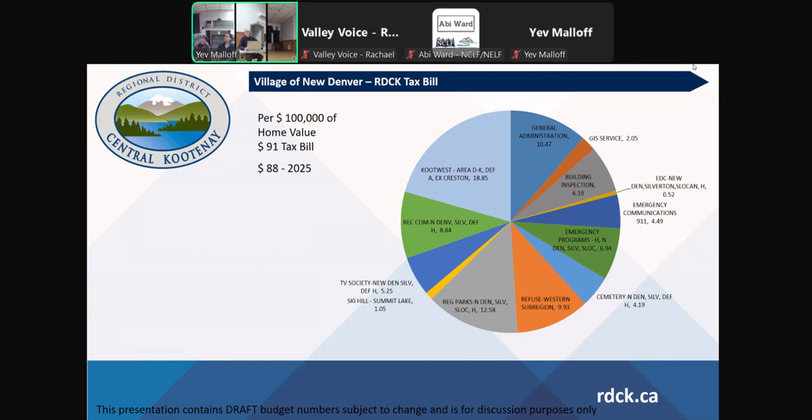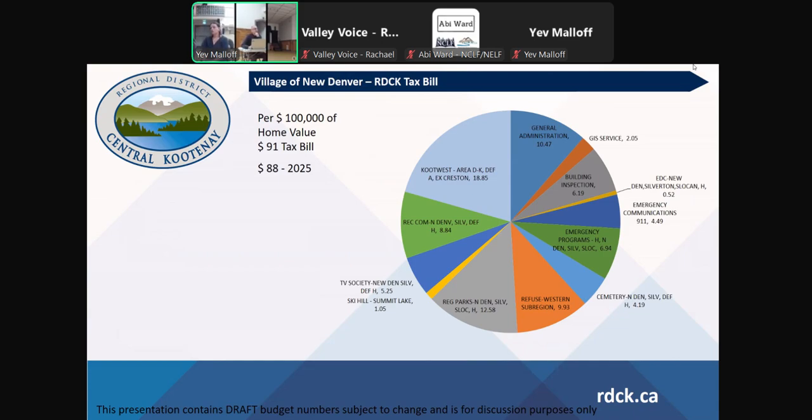Coot West there is the transit service. So that's the largest portion. And then next we have Regional Parks and the Recreation Commission. And then next would be refuse or resource recovery, and then going down from there.